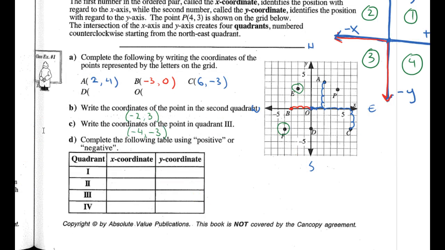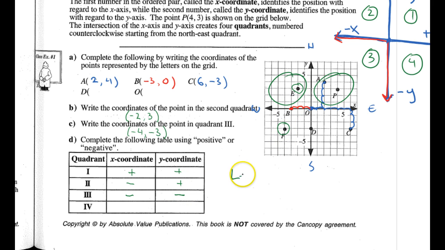If we look at quadrant 1, the x coordinate is always positive and the y coordinate is always positive. In quadrant 2, the x coordinate is negative, the y coordinate is positive. In quadrant 3, the x coordinate is negative and the y coordinate is negative because you go left and down.